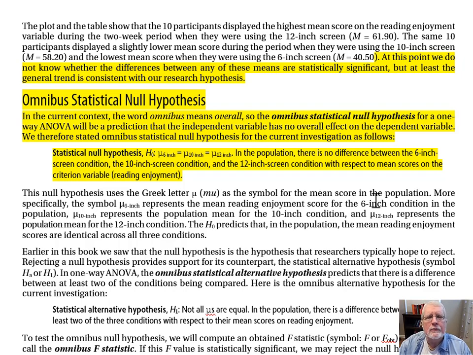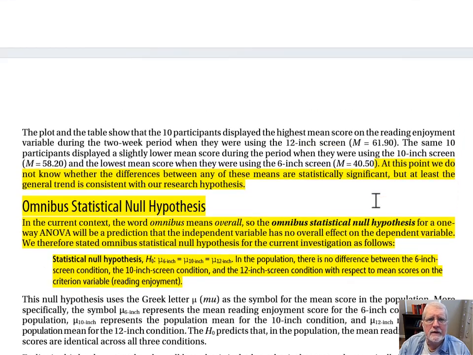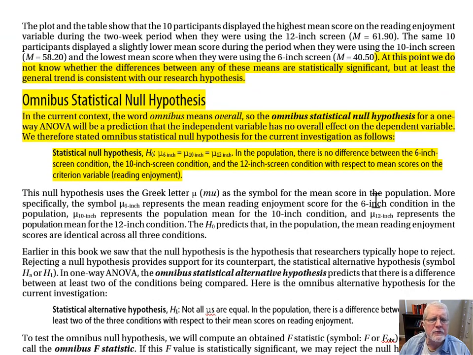Let's continue and see what the statistical results do tell us. I'm on page 27 now. Page 27 in the section. At this point, we don't know whether the differences between any of the means are significant. But at least the general trend is consistent with our research hypothesis, which brings us to the section headed Omnibus Statistical Null Hypothesis. In the current context, the word omnibus means overall. So the omnibus statistical null hypothesis for a one-way ANOVA will be a prediction that the independent variable has no overall effect on the dependent variable.